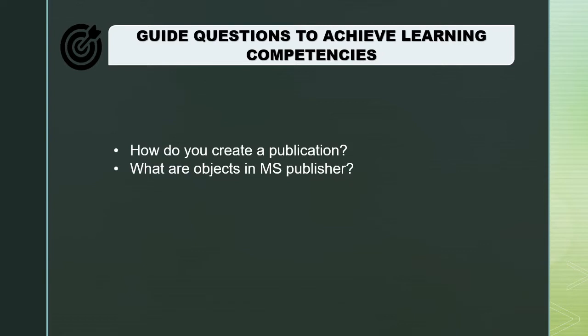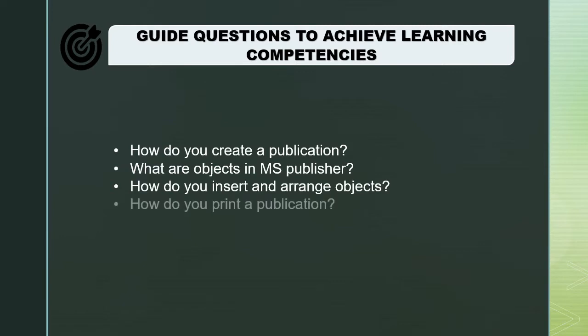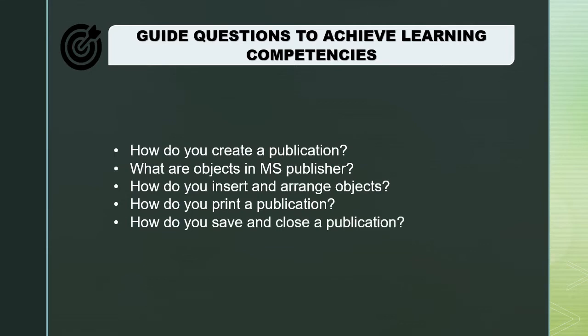What are objects in MS Publisher? How do you insert and arrange objects? How do you print a publication? How do you save and close a publication? So at the end of our discussion, you are all expected to answer all these questions.